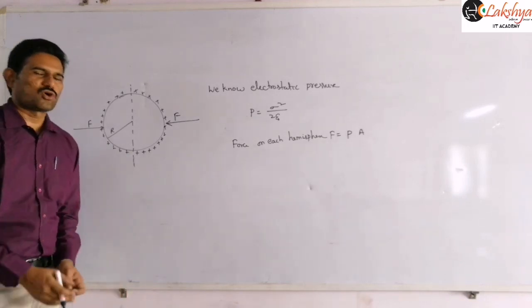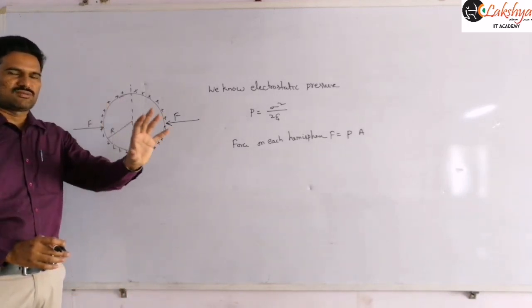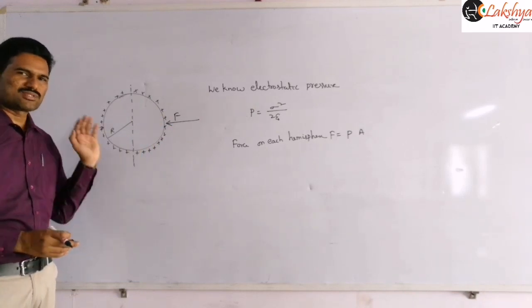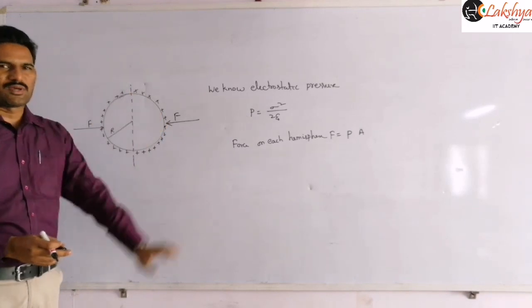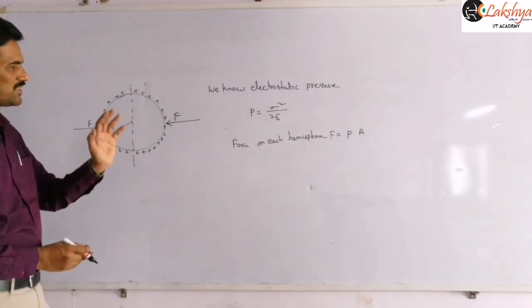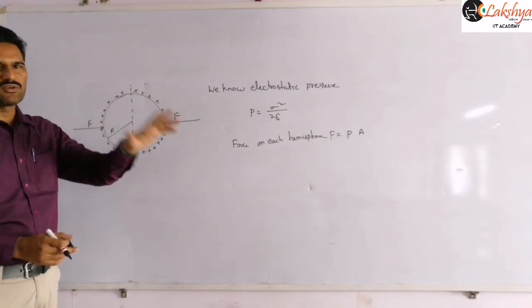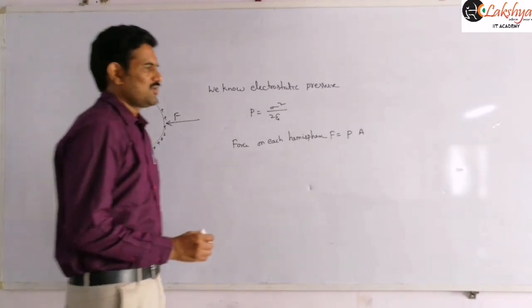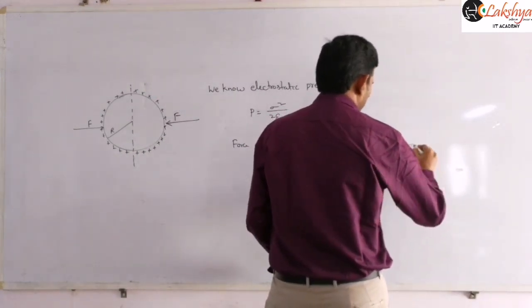The area we need to consider is the area of the projection of the hemisphere. It is similar to our fluid mechanics, where we calculated the pressure. The horizontal component of the force is equal to the force acting on the projection. Suppose I take the left hand side hemisphere.